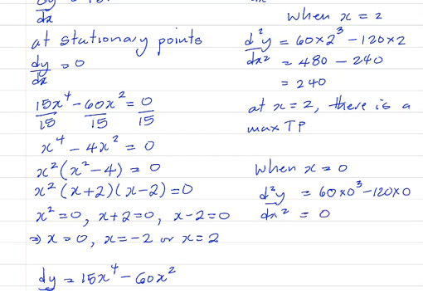Now when d2y by dx squared is equal to 0, you could have a point of inflection, but it's not necessarily a point of inflection. We know it's neither a maximum nor a minimum point. So it actually could be a point of inflection, but we're not sure.